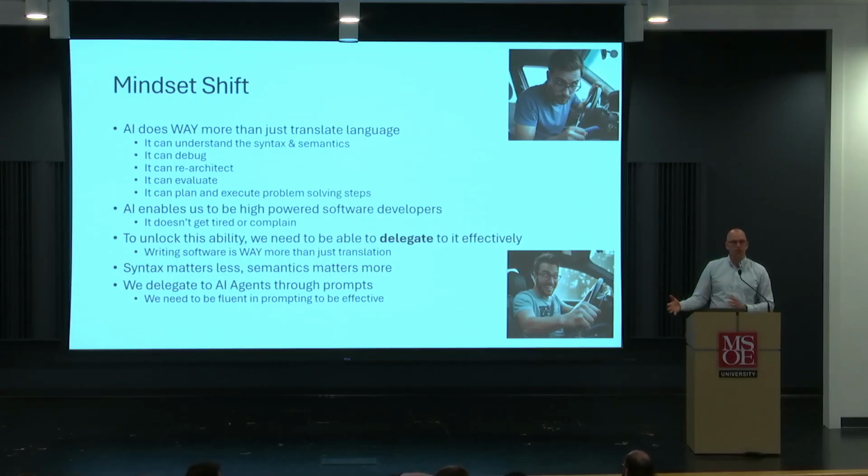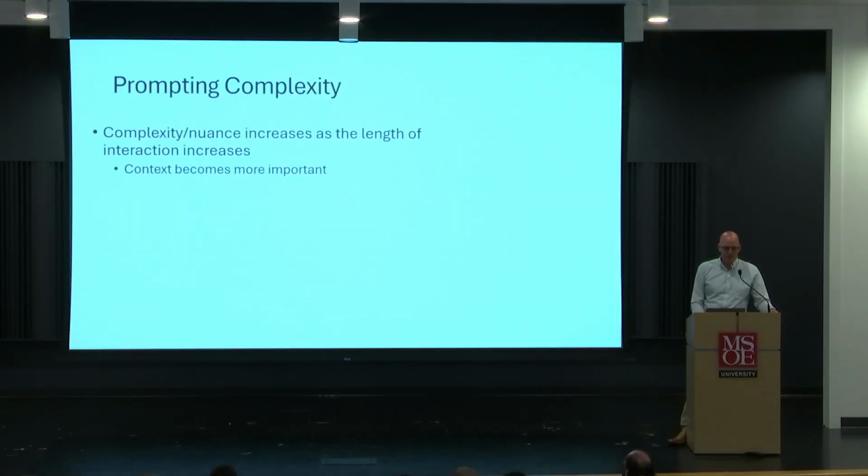That's the way software development is going to exist in the future, or actually already exists today. Whether we accept that or not, this is the way I see things going. So to do this, we have to be able to speak to AI agents, and the way we speak to them is through prompts. So we have to be fluent in a prompting language to interact with agents effectively.